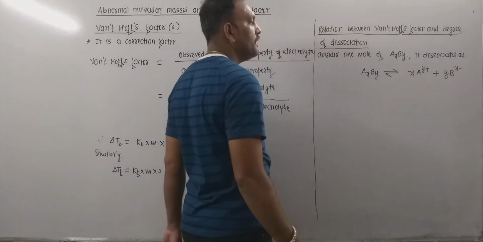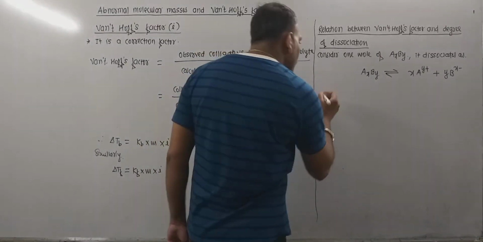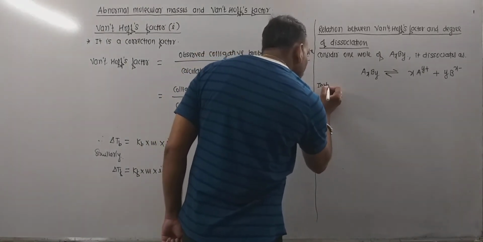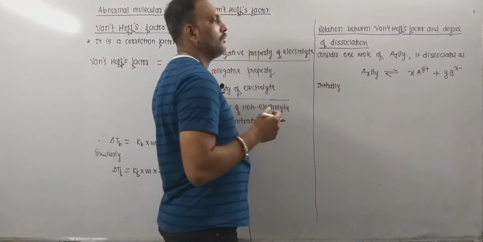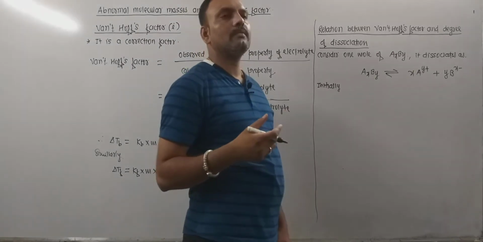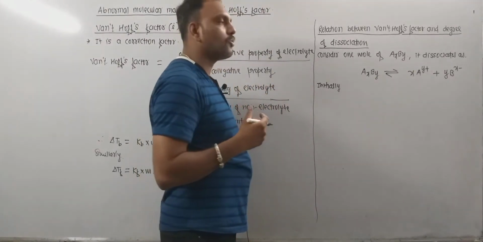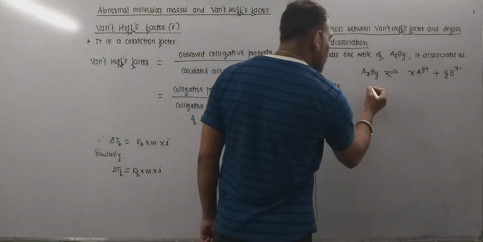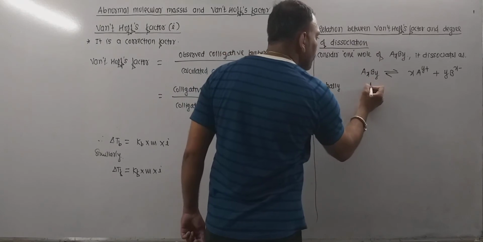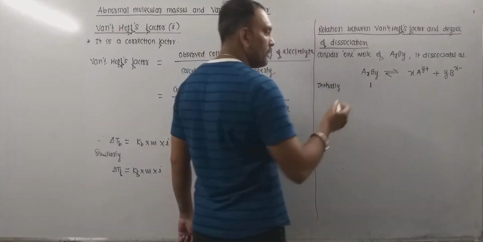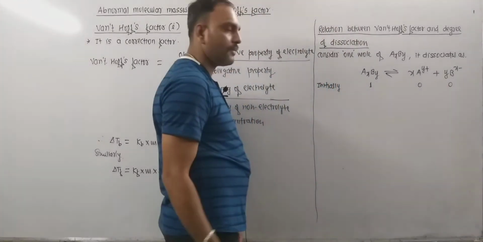This is the dissociation if the electrolyte dissociates. Then initially, when the electrolyte is added, it is not dissociated, thus the moles, we are using 1 mole of it, thus the value of AxBy is 1, and no dissociation, therefore no ions are there.